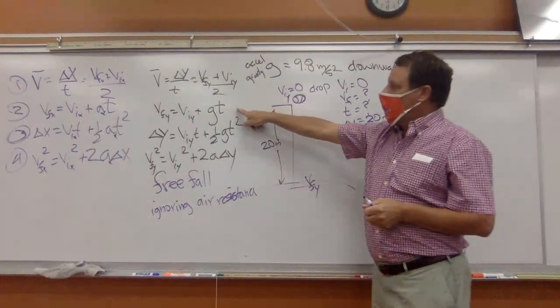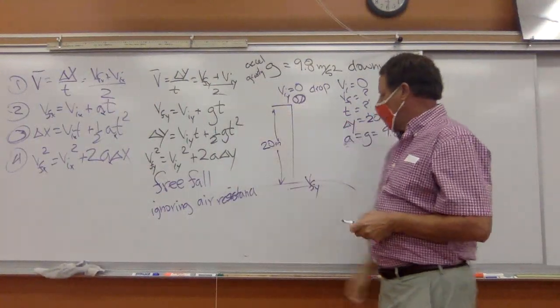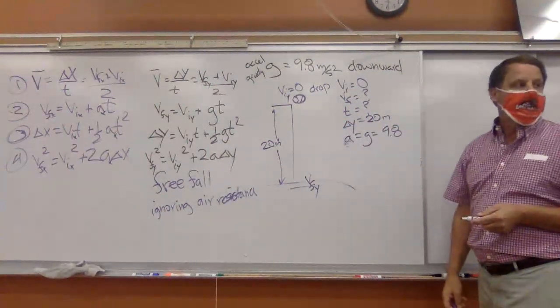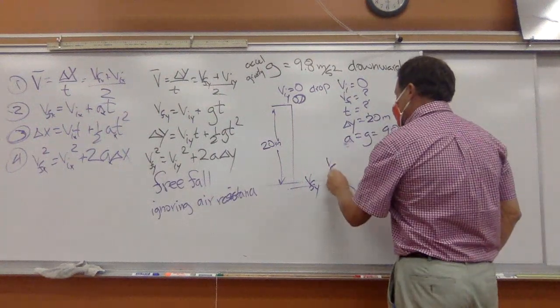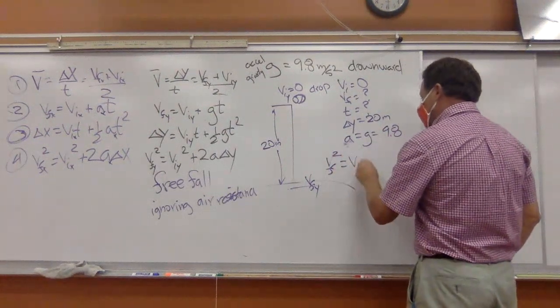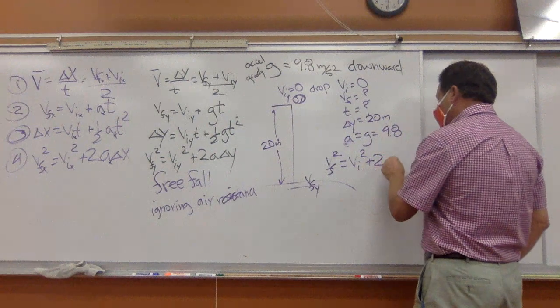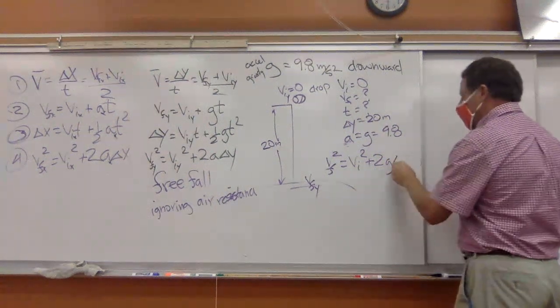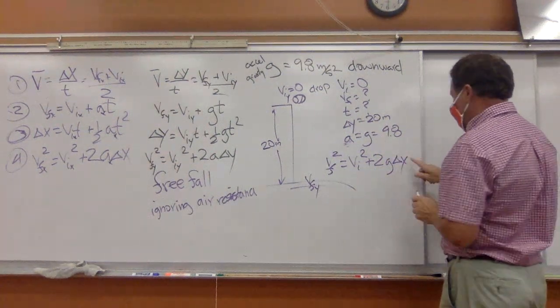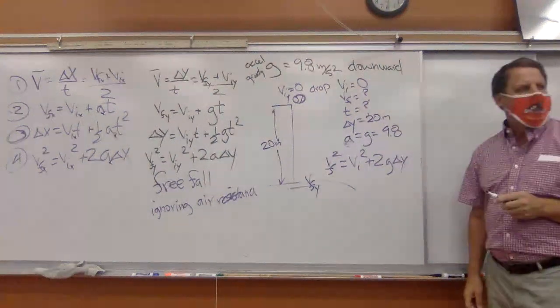And we don't have time, so we can't use equation number 2, so we're going to use equation number 4, okay? So we're going to have v final squared is equal to v initial squared plus 2g delta y, okay?